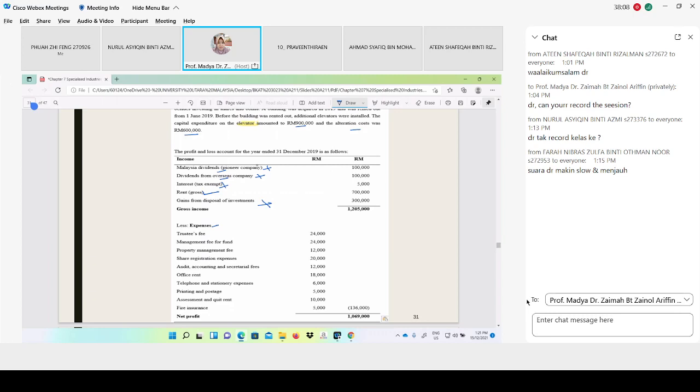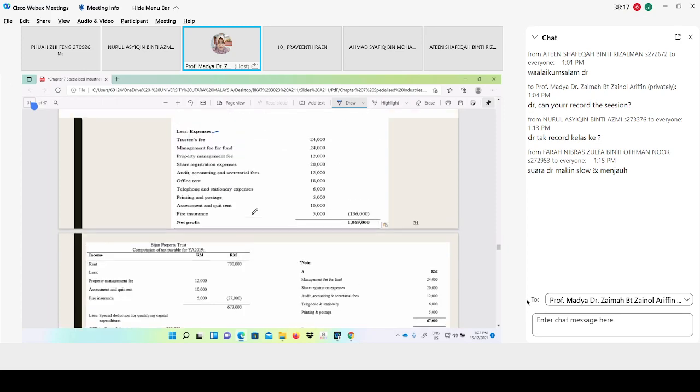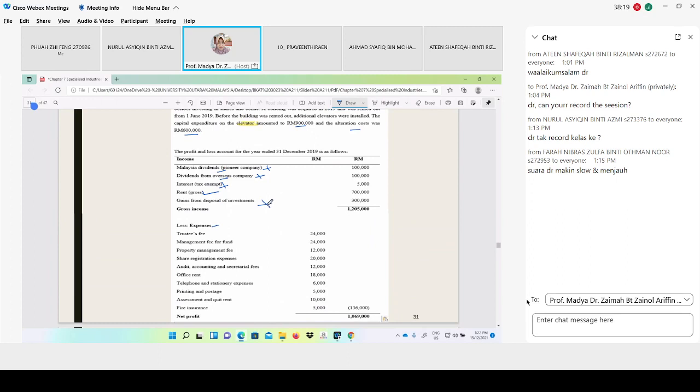Then you need to determine which of the expenses are allowable and which can be traced directly towards the rental income. In here, only one income is taxable, that is rental income.